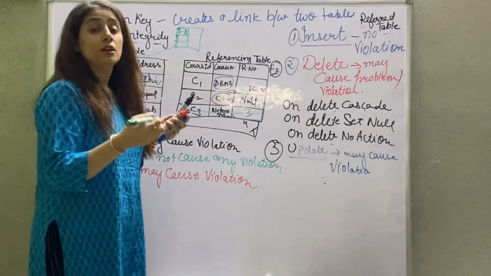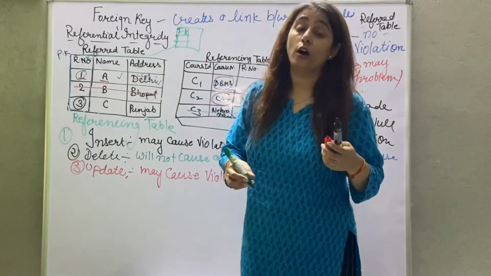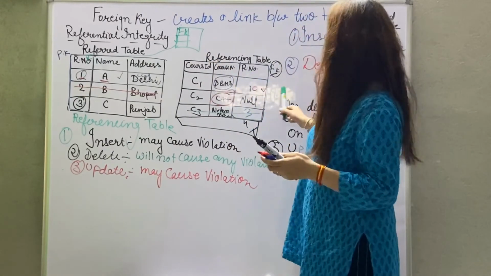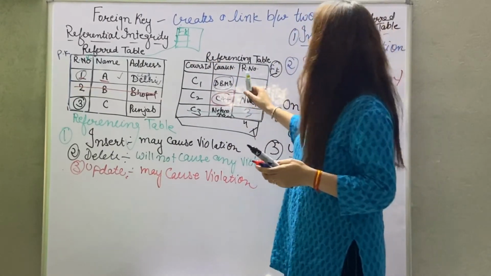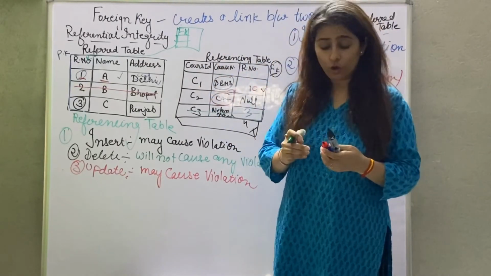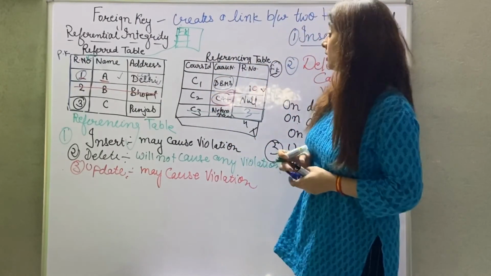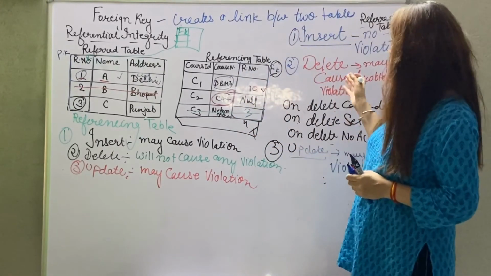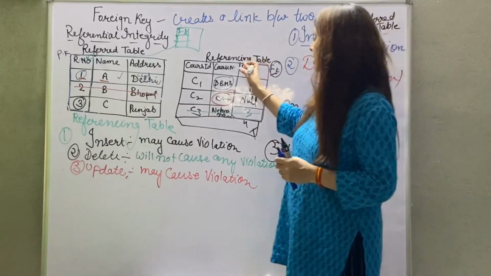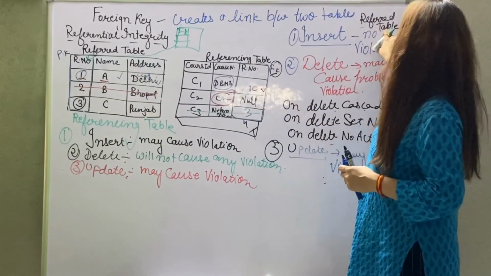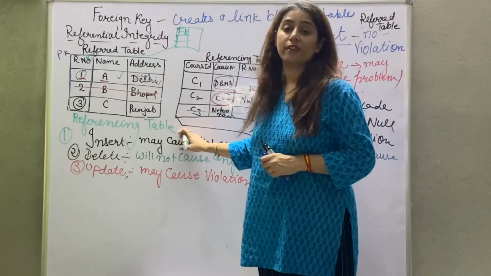The same rules apply for this table also. Whatever rules are applied for this foreign key table, the same rules apply for this table also. Insert, delete and update operations using the foreign key, what is the referencing table, what is the refer table, and what else we can do in them.